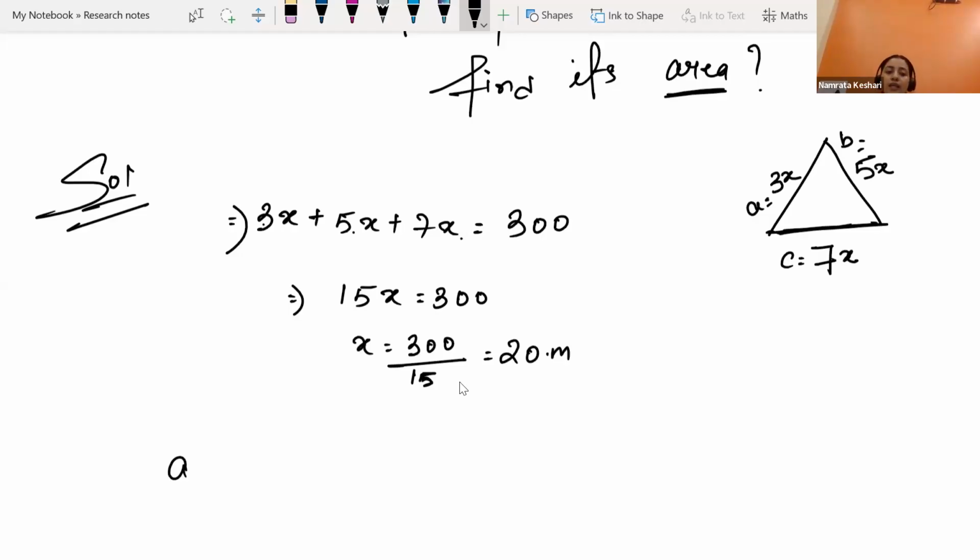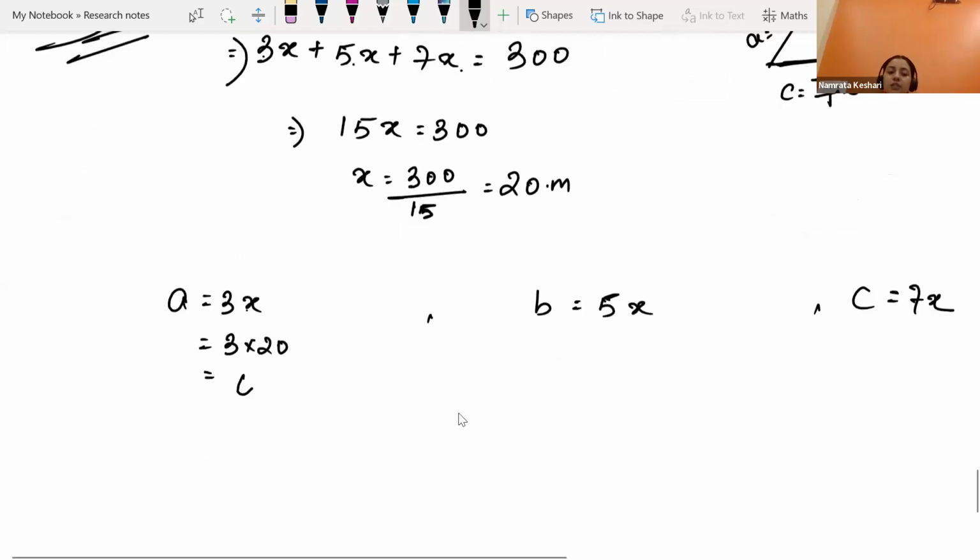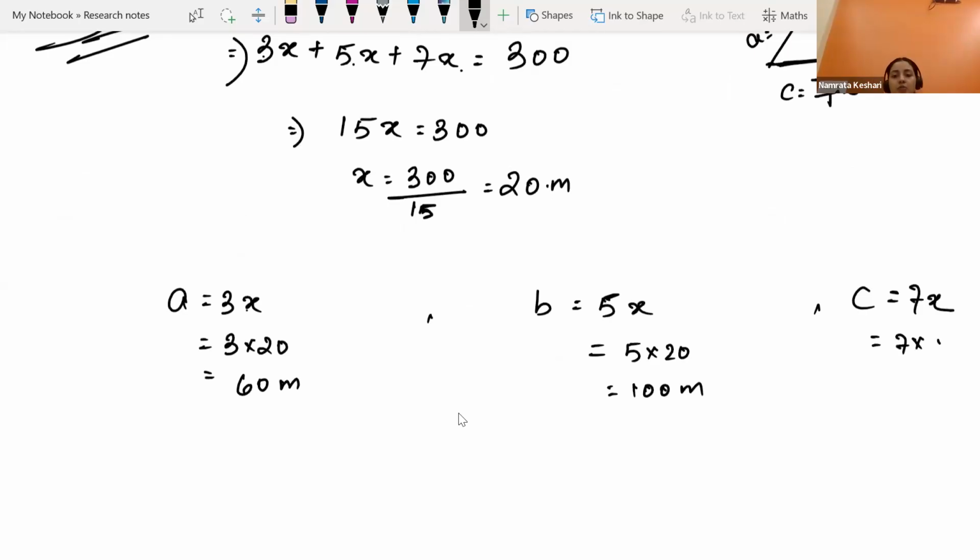So a is 3x, b is 5x, and c is 7x. Now 3x means 3 into 20, so the length of the side is 60 meter. The length of the next side is 5 into 20, that is 100 meter. And the length of the third side is 7 into 20, that means 140 meter.